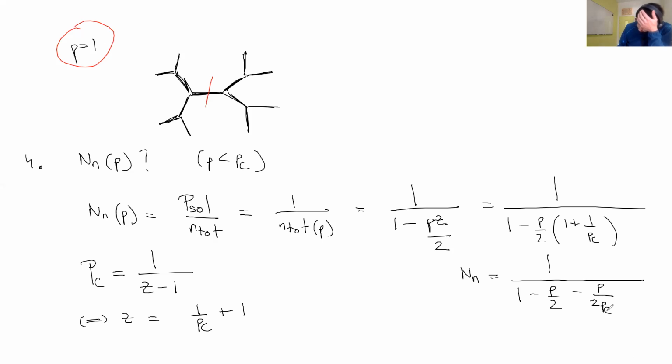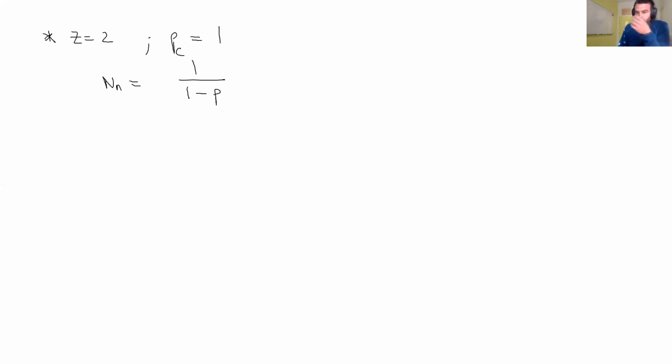P over 2, yes. And thus, when P goes to PC, which happens to be 1 here, this quantity tends to infinity. That's a very specific situation when Z equals 2.